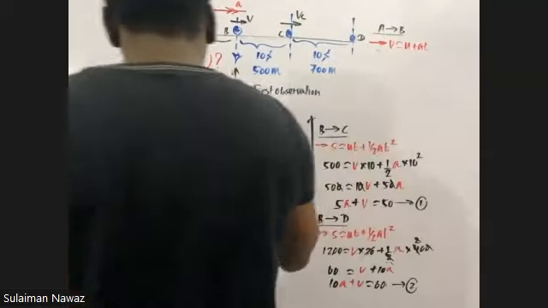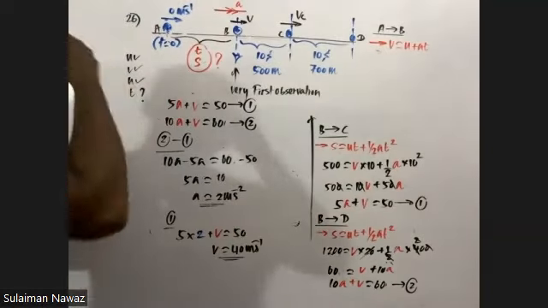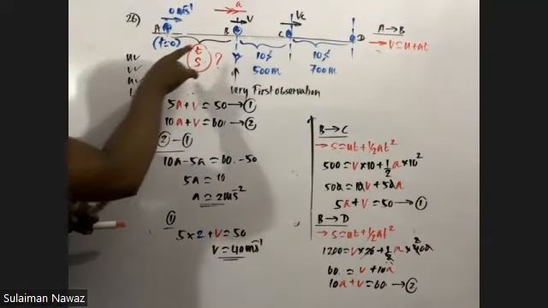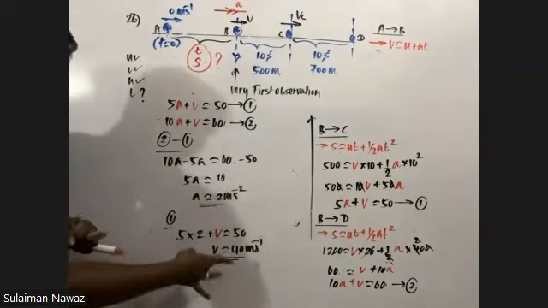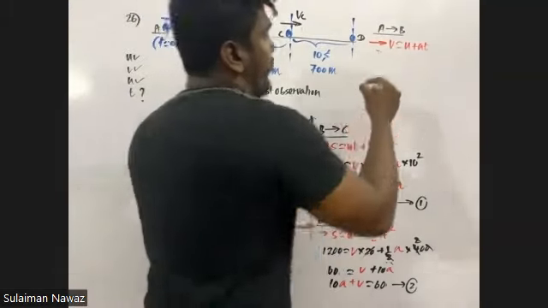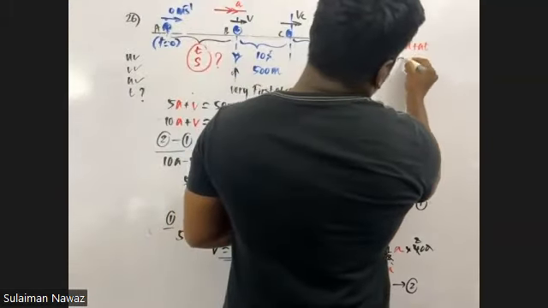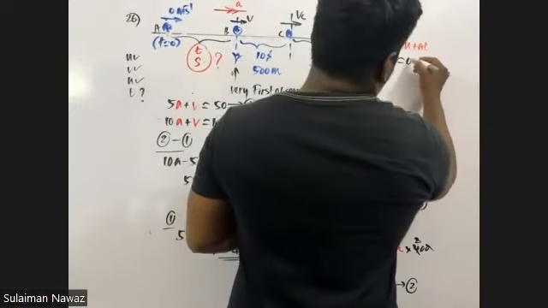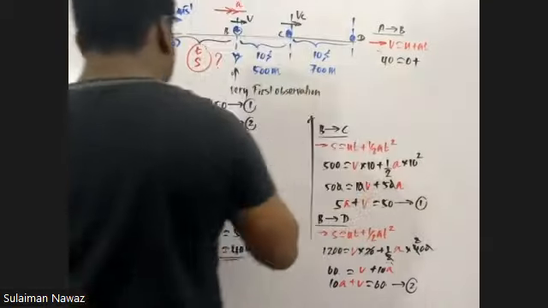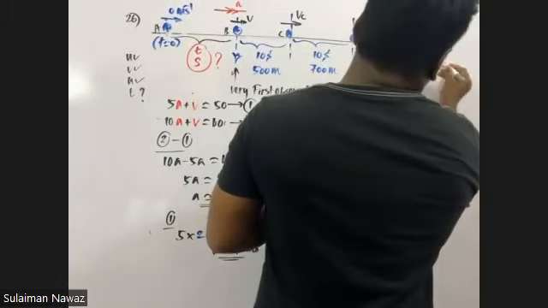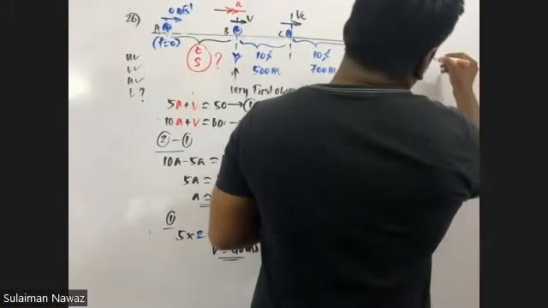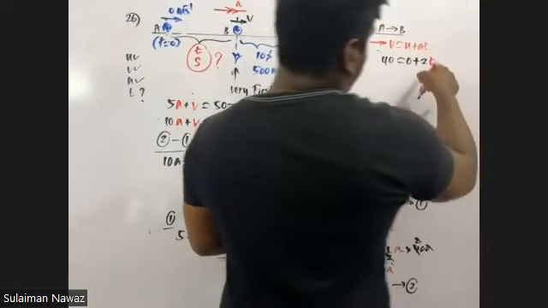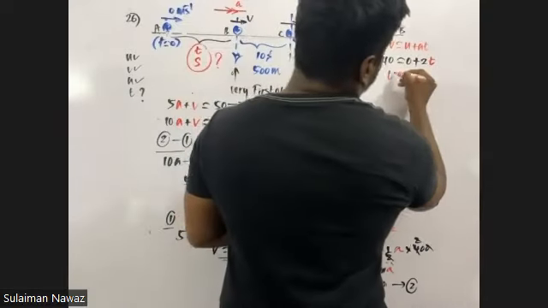That's a good question. What's my V? Final velocity I found as 40. My initial velocity is 0. Acceleration I found as 2. I want to find simple t. Time is how much? T equals 20 seconds.